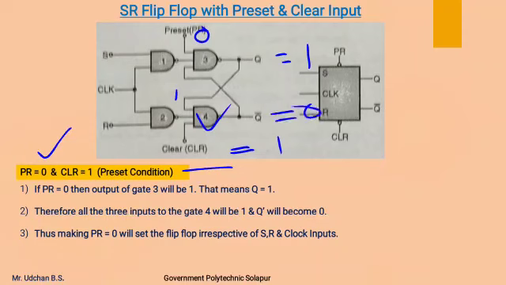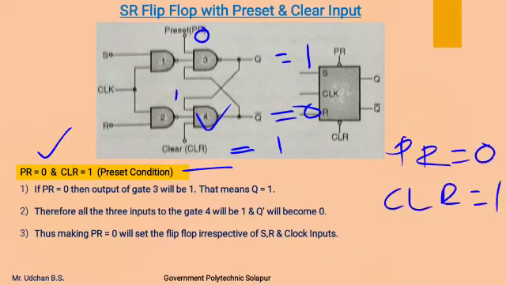Thus, making preset 0 will set the flip-flop irrespective of the SR and clock inputs. That means when preset is 0 and clear is 1, Q will become 1 and Q complement will become 0.